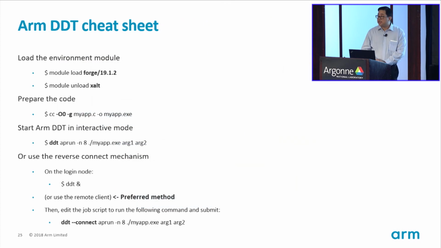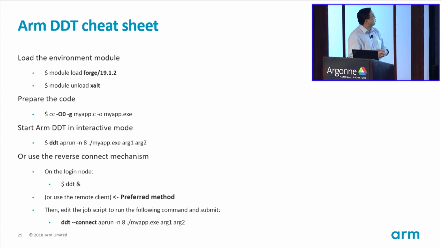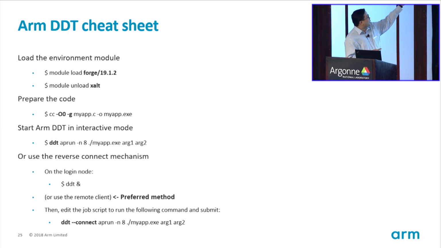So how would you use this on Theta? I am requesting an interactive session, but you can also do it through a submission script just by modifying your script. You would want to load the Forge module, and you have to explicitly ask for 19.1.2.